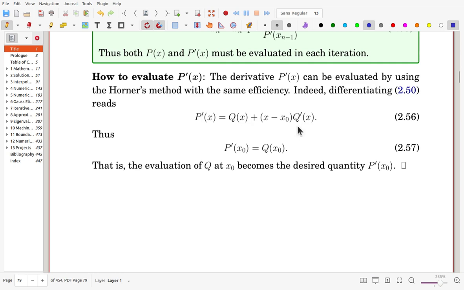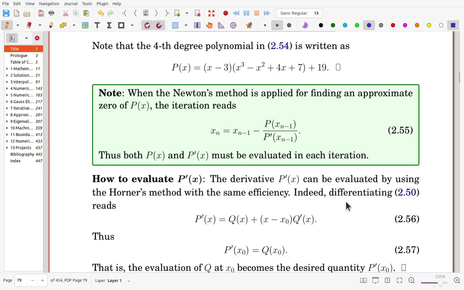We don't know Q'(x) explicitly, but we need only p' at x0. So if we plug in x0, no matter what Q' is, it's a bounded number, and this factor is 0, so that term will disappear. And p'(x0) is the same as Q(x0).